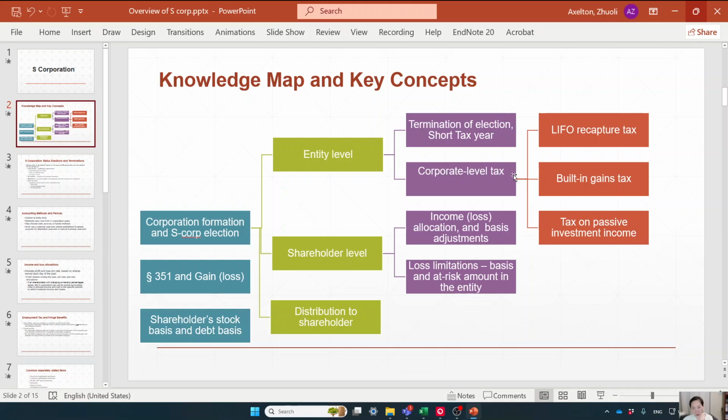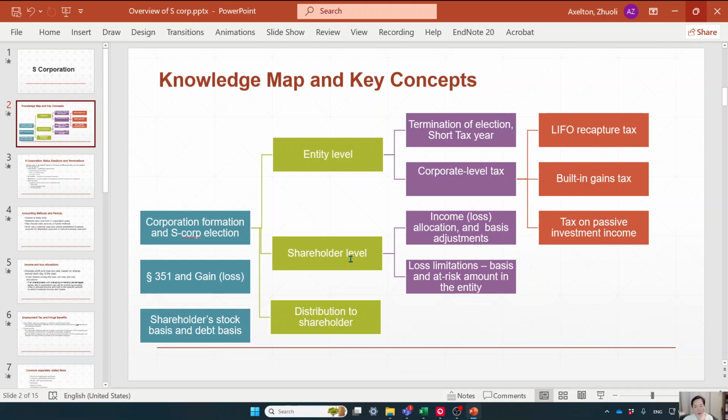Those taxes only apply if the S Corp was a C Corp in some of the periods, so it requires a conversion from a C Corp to S Corp. But if the S Corp is set up or elected on the first day of the corporation, then those corporate level taxes will not apply.